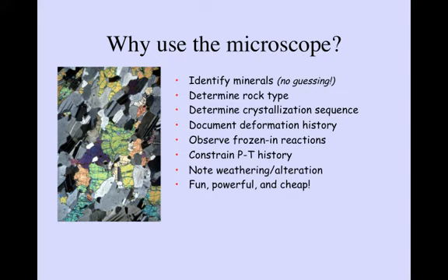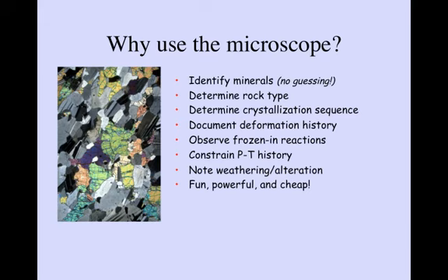When we look at a particular assemblage of minerals in a rock, like the different minerals you see in this image here, it tells us what kind of rock type it is. Maybe we can find out something about the order in which different minerals crystallized, or something about how the rock was deformed over time. We can see mineral reactions frozen into the rock too.